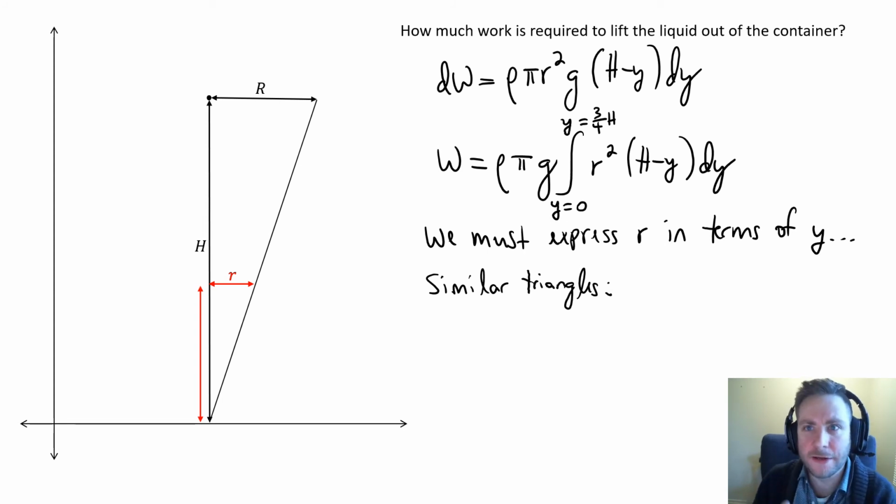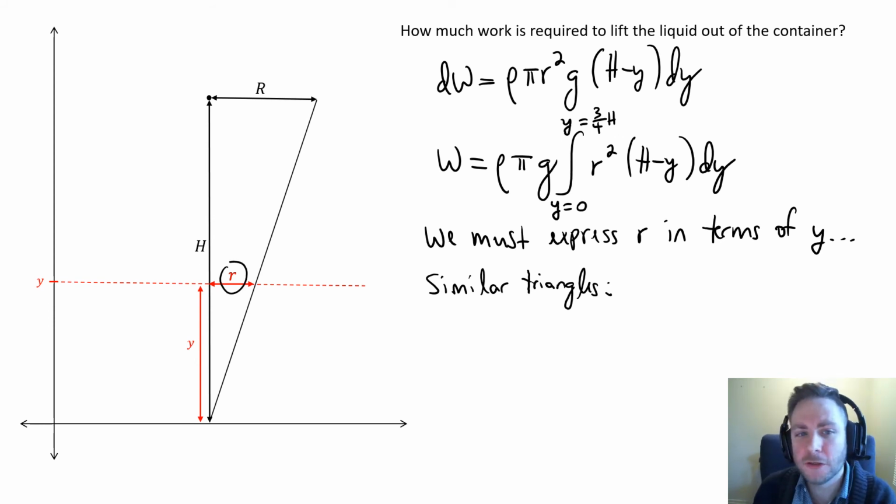What is the length of this vertical side? Well, we know that the variable y was used for designating the position of our sample disk. So by subtracting the y-coordinates, this vertical distance can be calculated as y minus 0, or in other words, just y.